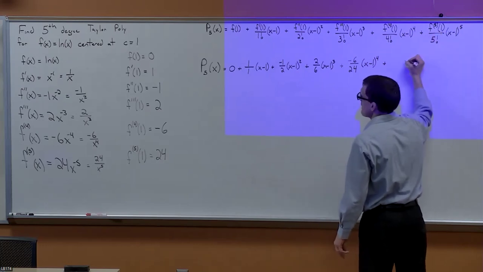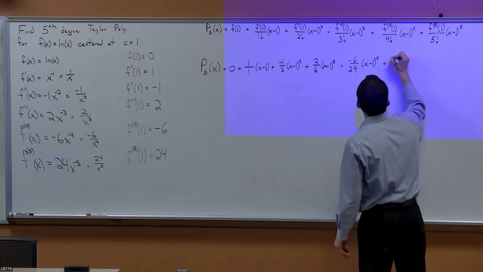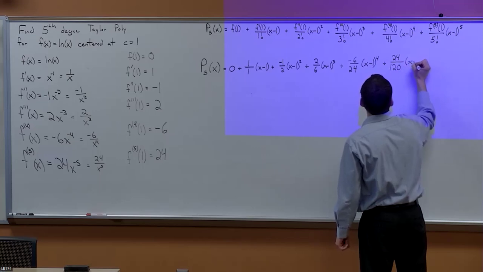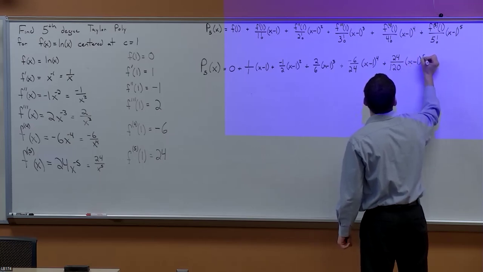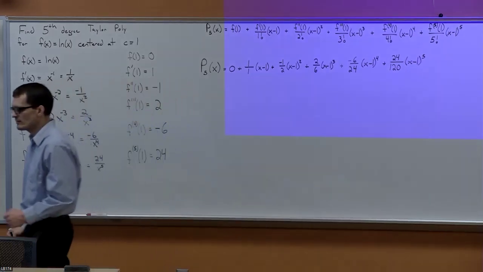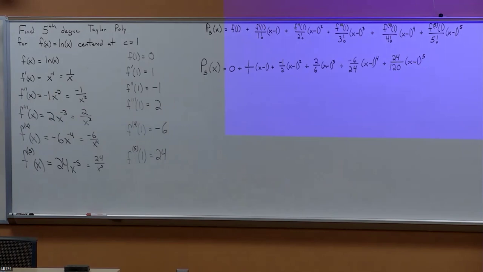Fifth derivative at 1 is 24 over 5 factorial, which is 120, times x minus 1 to the 5th power. So that's my 5th degree Taylor polynomial for natural log of x centered at 1.